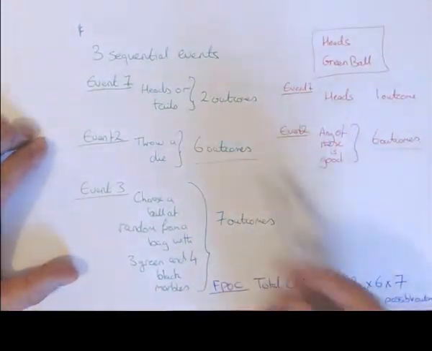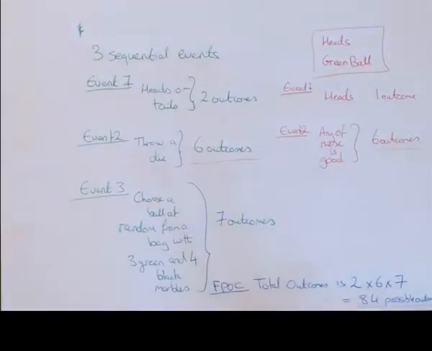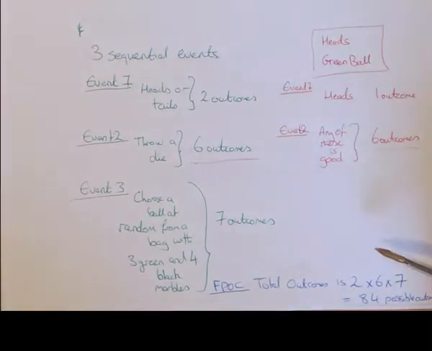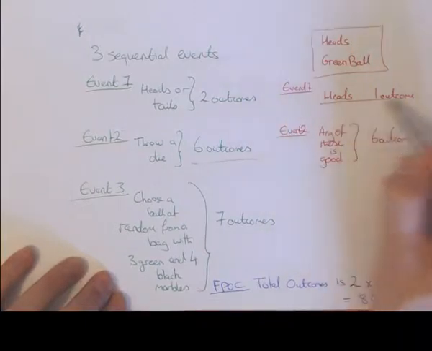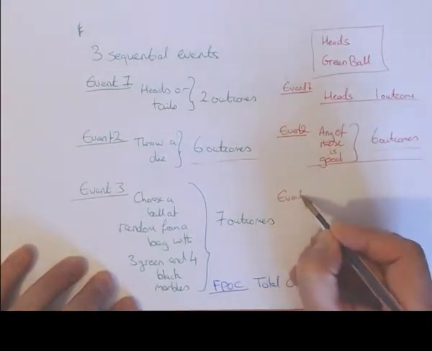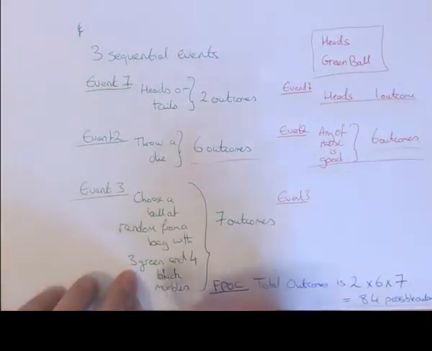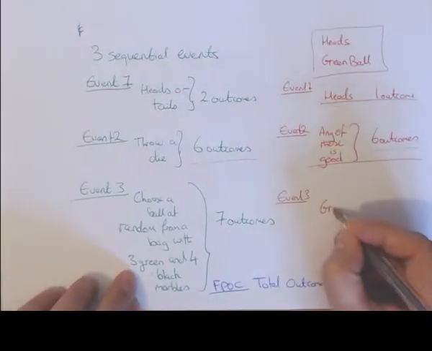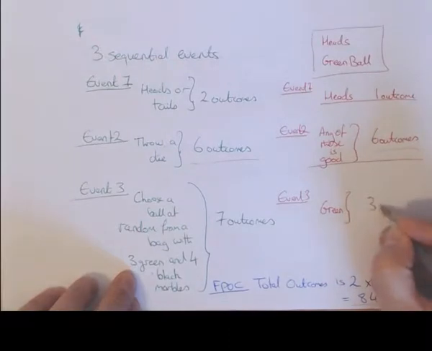So we're following the same events, we're following all the same paths in the tree, we're looking at all these 84 possible outcomes and we want to know which ones are favourable to us. Favourable, heads, favourable, any of these. Favourable, event 3 has to be green. That's 3 outcomes.